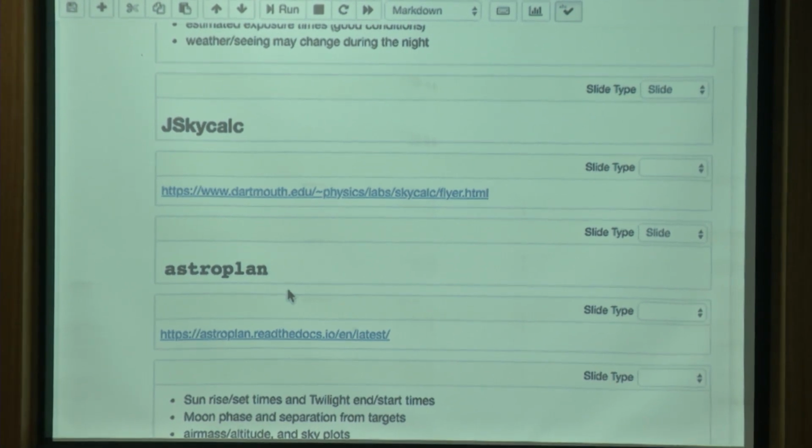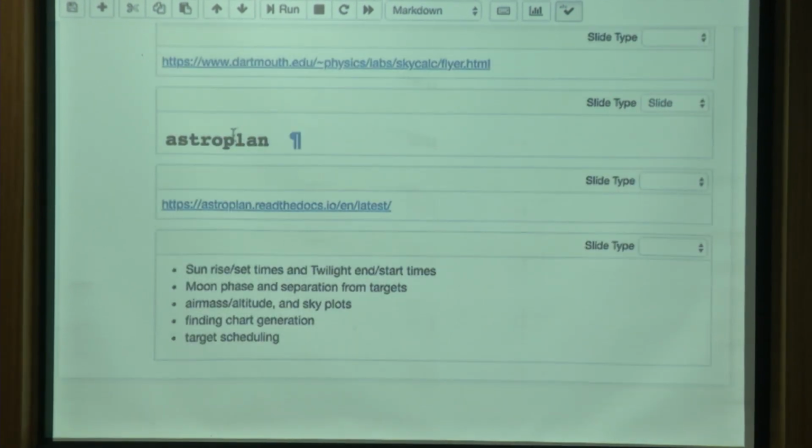But of course, if you're a modern astronomer and you've got your Jupyter notebooks and your Python set up, there's a package called Astroplan, which has everything that you need to calculate sunrise times, moon phases, altitudes, moon separations. You can make finding charts, and you even have some scheduling built into there. So you can actually, on the fly, go through and change your schedule and figure out what you're going to observe next.